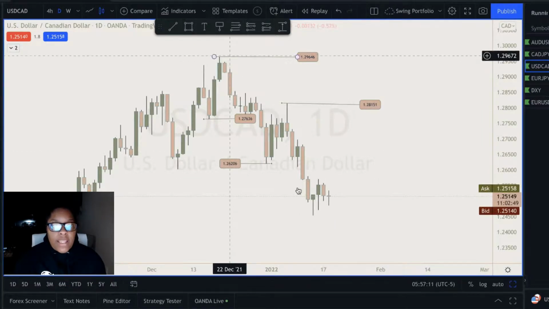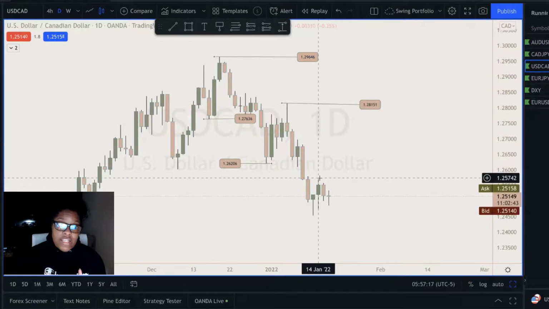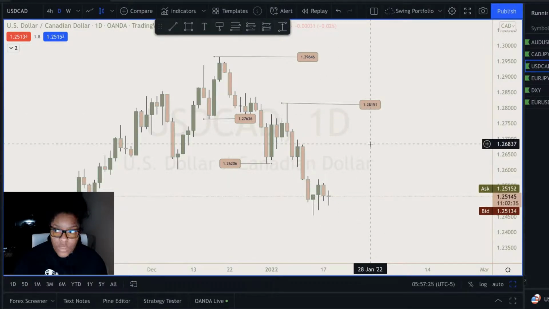So now what I'm looking at is the fact that, okay, well, price looks like she's trying to retrace. Looks like she's trying to pull back. And if that's the case, we're going to look to see if she can stay below 128.151 to see if she can pull back into this area before she potentially declines again. If this is the case, a potential possibility is that CADJPY could decline if this one increases.